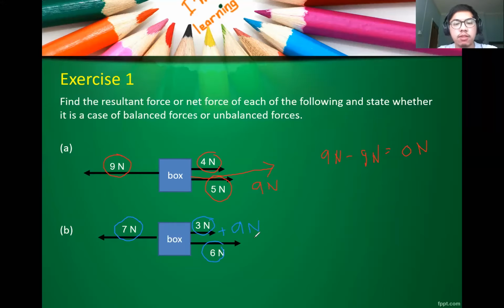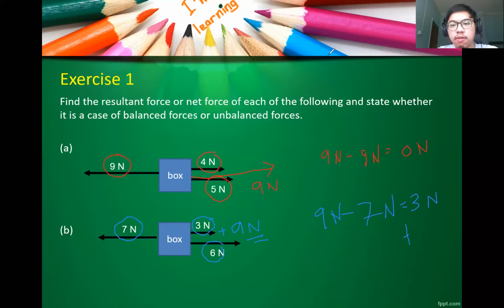Because you have a stronger total force to the right, 9 Newton, and only 7 Newton to the left, a weaker force, the resultant force will be 9 minus 7 Newton, which is 3 Newtons.